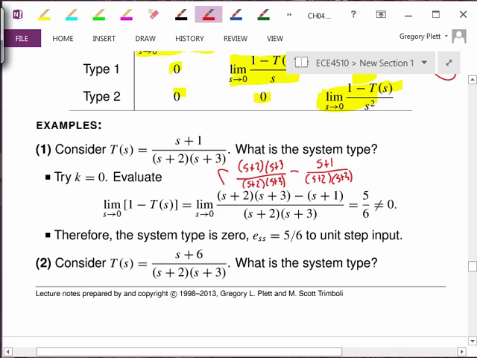That's what I did to get this right there. And so I take the limit as s approaches 0 of that polynomial.